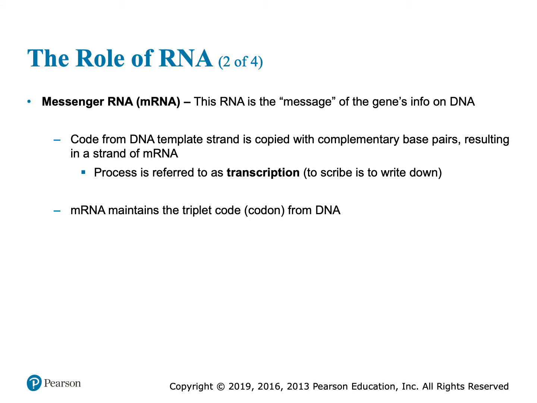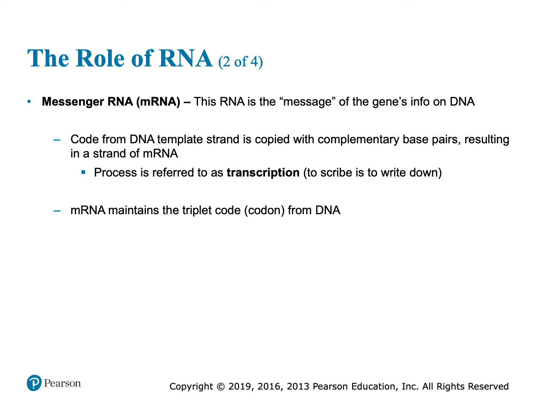Messenger RNA writes down the genetic information that's on the DNA. He writes down the matchup to the A's, C's, G's, and T's. He writes down the code. He writes down the message so he can take that message to a ribosome to make a protein.